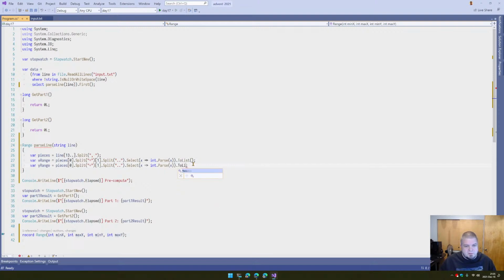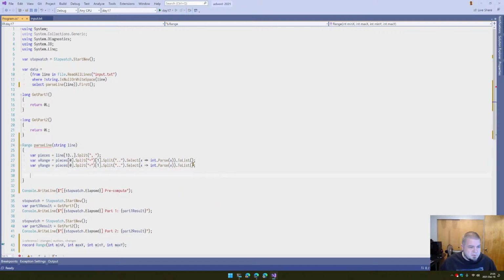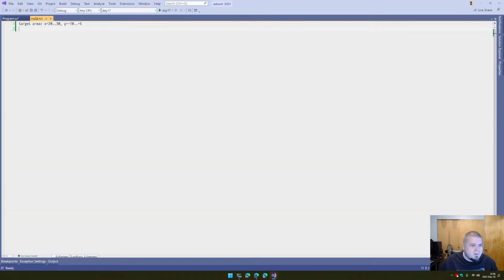Sure, toList, just so we can do it easy. Return new range, x range 0, x range 1, y range 0, y range 1. And the data looks like -10 to -5. That's kind of interesting.